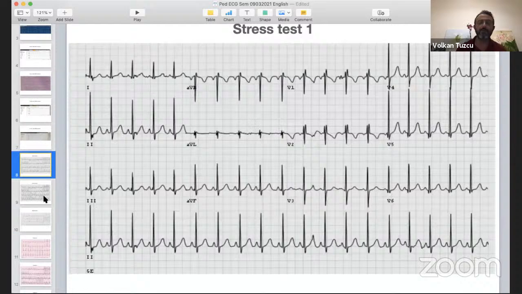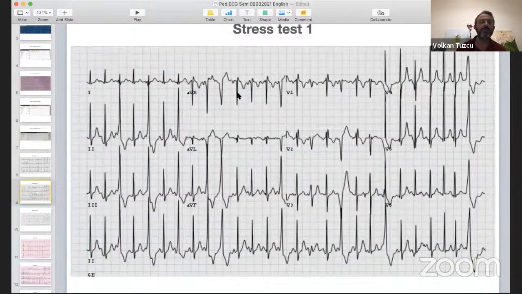Okay, let's assume this patient has a history of exercise-induced syncope. Let's say this patient is an 8-year-old, with exercise-induced syncope, and this is the peak heart rate strip.